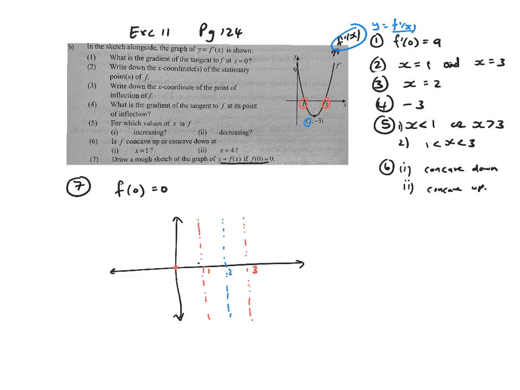What else do we know? The graph will increase and decrease, and we just looked at it. This green part is when the second derivative is less than 0.